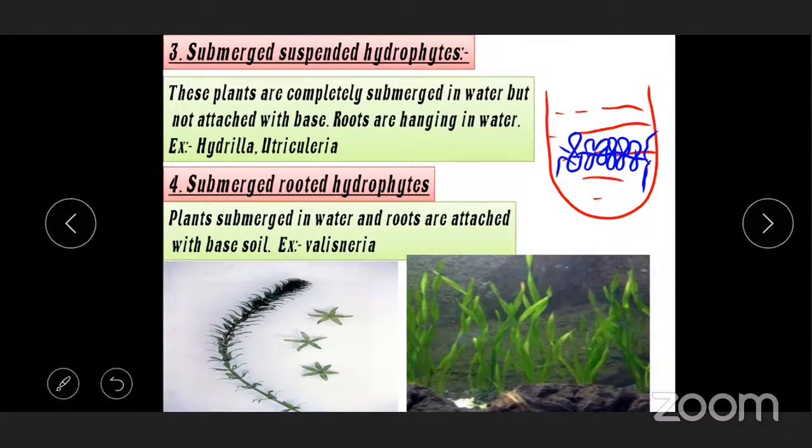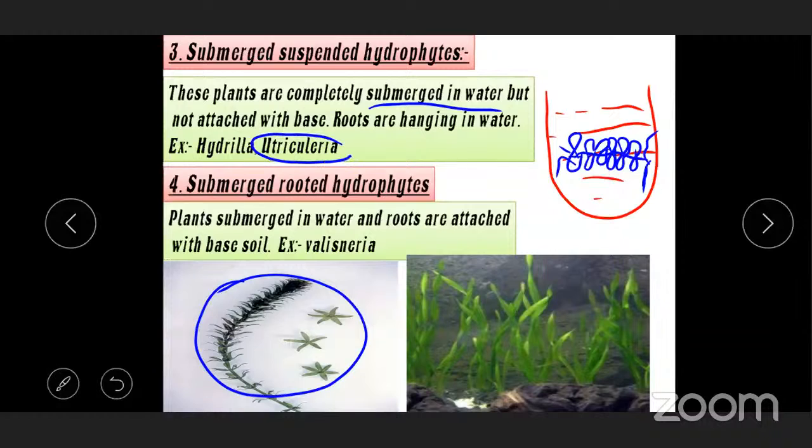These plants are completely submerged in water, but the roots are not attached with the base. Example: Hydrilla and Utricularia.